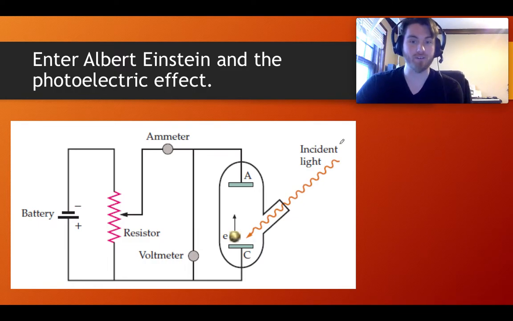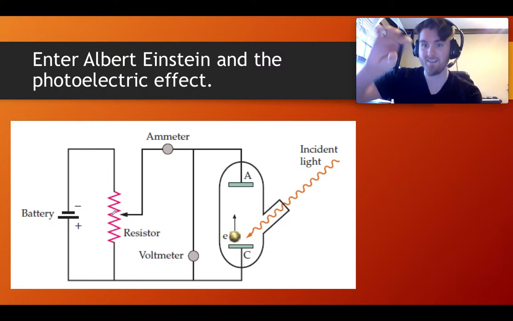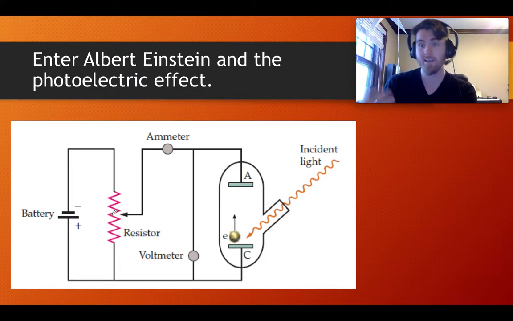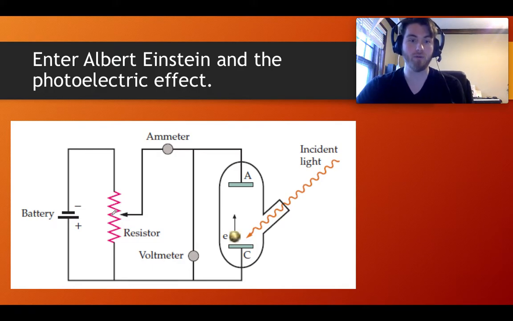The photoelectric effect is one of my favorite demonstrations, but basically you have a battery. This battery creates a voltage, and on this voltage you have a resistor, and right here this is called a potentiometer. Think of it like a dial which you can turn and it changes the amount of energy that this battery gives. Now, he's measuring both the current with an ammeter and the voltage with a voltmeter.